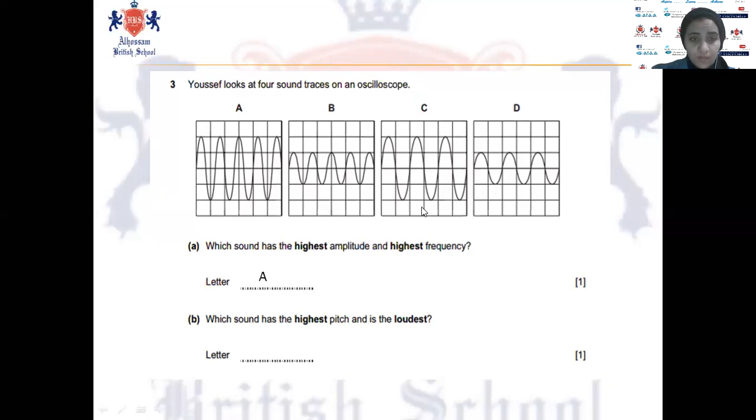Frequency is how far apart the sound is. Okay, what is the meaning of frequency? Number of waves per second, okay? What is the meaning of amplitude? Distance between the sound and the line. The center and the highest, the top or bottom, okay.